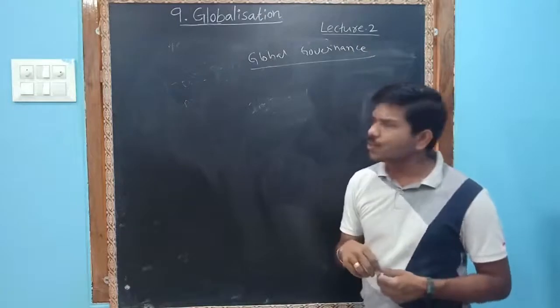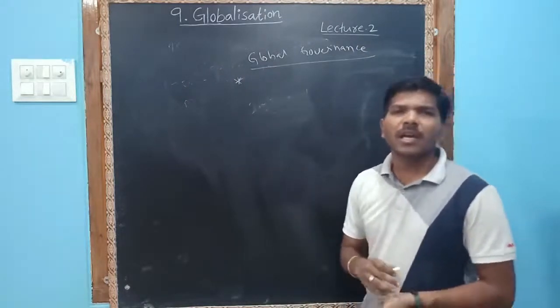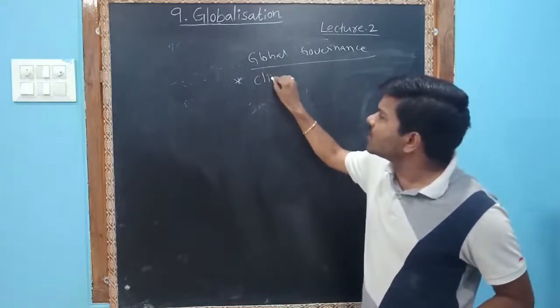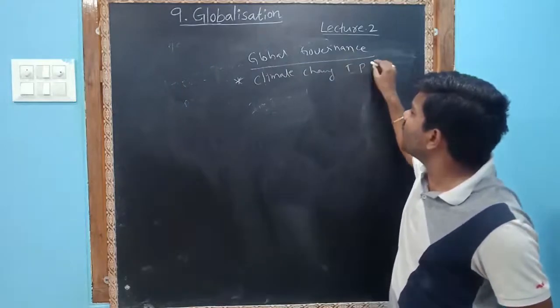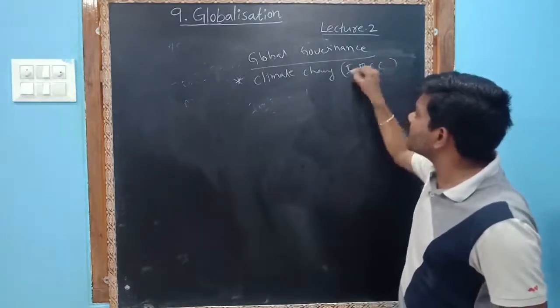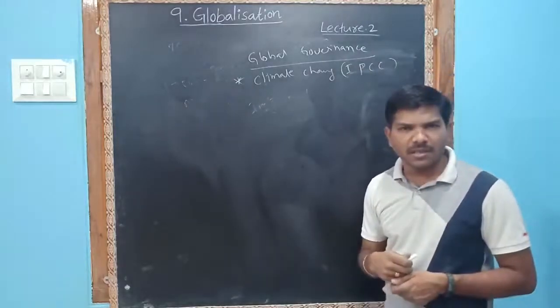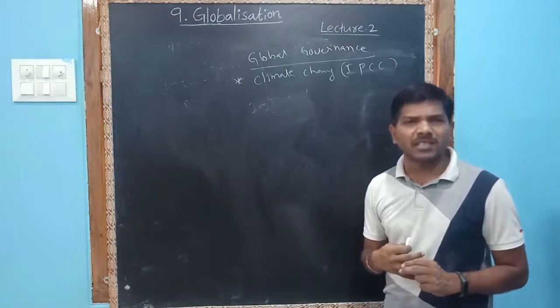There are a lot of global governance institutes nowadays. For example, on climate change, the IPCC, the Intergovernmental Panel on Climate Change. IPCC is one kind of organization, and there are so many global governance organizations.